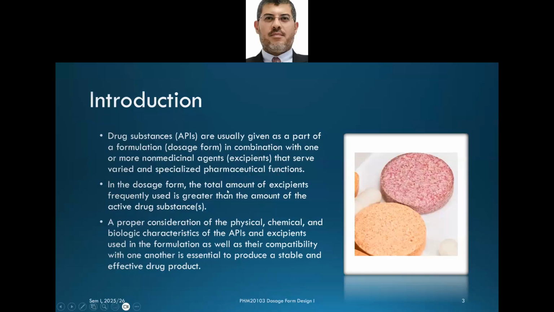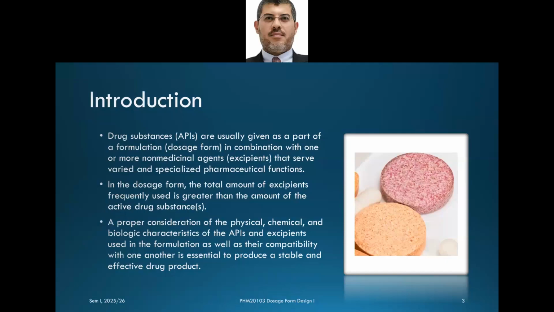In the dosage form, the total amount of excipients usually or frequently used is greater than the amount of active drug substance. You may hold in your hand a tablet that weighs about 300 milligrams. The API or drug substance is only about 50 or 60 milligrams, so it's only about 20%.